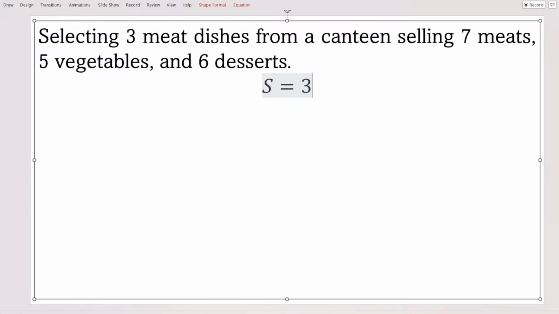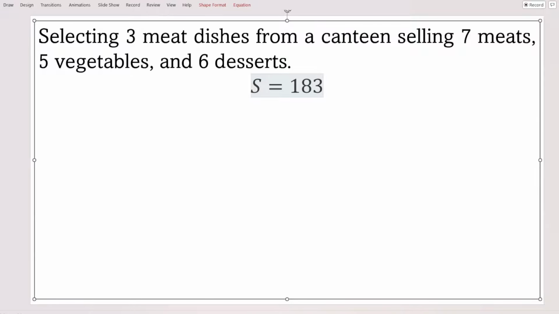Now, how many choices do we have here in the canteen? We have seven meat, plus five vegetables, plus six desserts. So technically, how many selections do we have here? We have 18. 7 plus 5 plus 6, that is 18 selections for three objects.